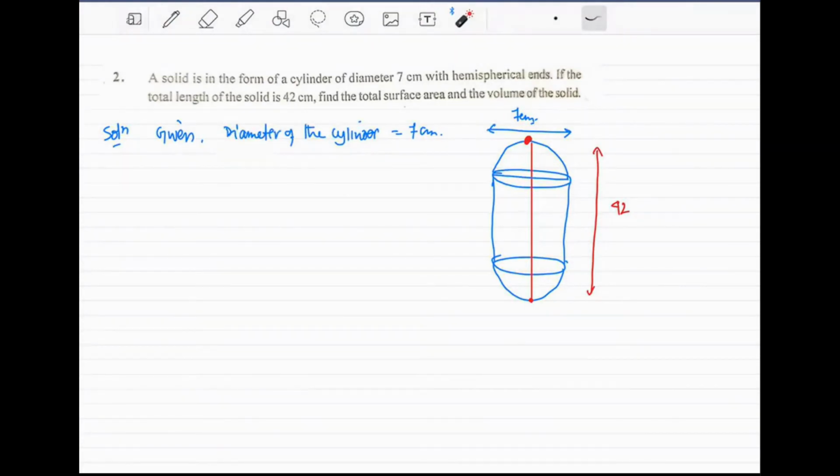When it comes to a sphere, what we need is the radius. When it comes to a cylinder, we need the radius and also the height, right? Okay, let's name a few things here. Let's name it A here, B here, C here, and D here.